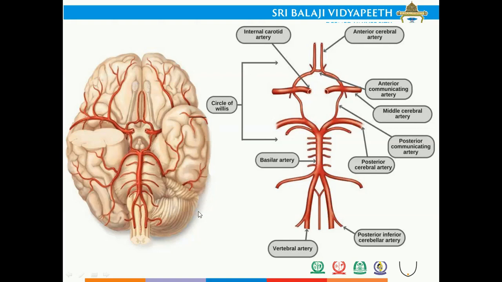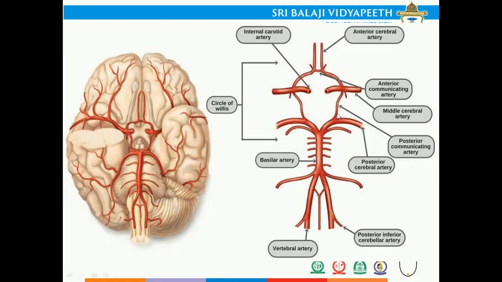And on either side, you get the cerebellum. Look at this diagram given to you in comparison. This is the internal carotid artery, and these are the two communicating arteries that participate in the circle of Willis. This circle is called the circle of Willis, and it is formed by the anterior cerebral artery bilaterally on the right and left side, joined together by the anterior communicating artery.